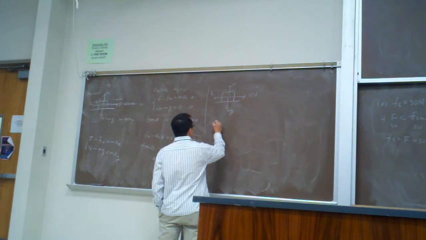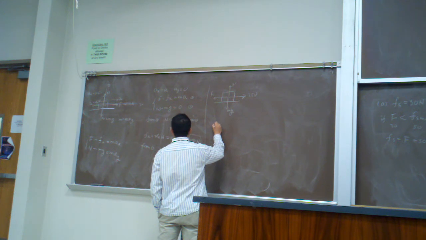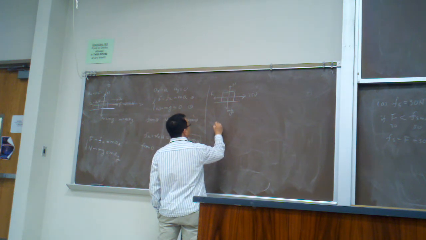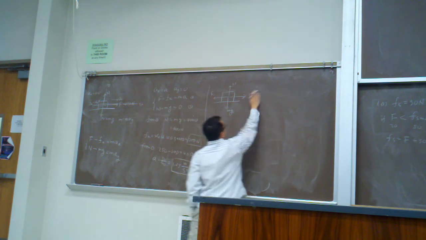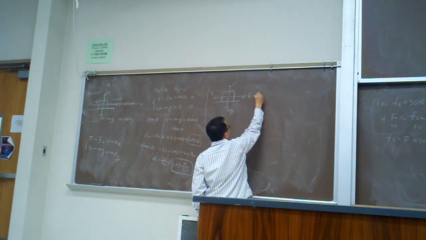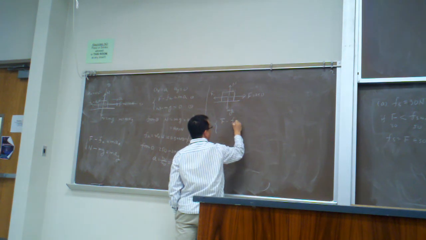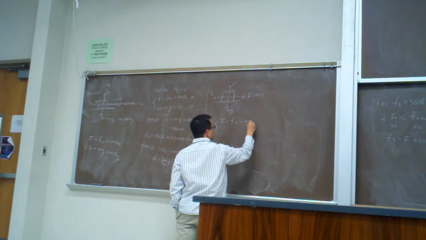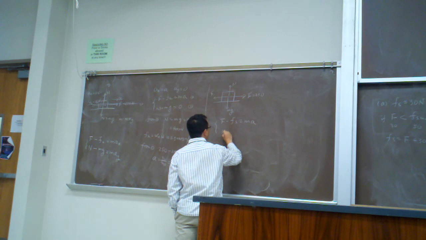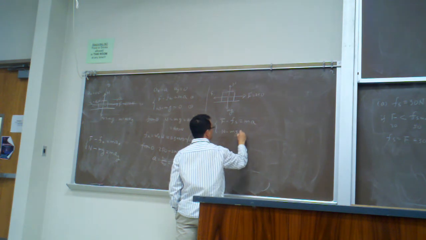Okay, if we still write down the equation, we still have F equals 250. So we still have F minus Fs equals ma and N minus mg equals 0.